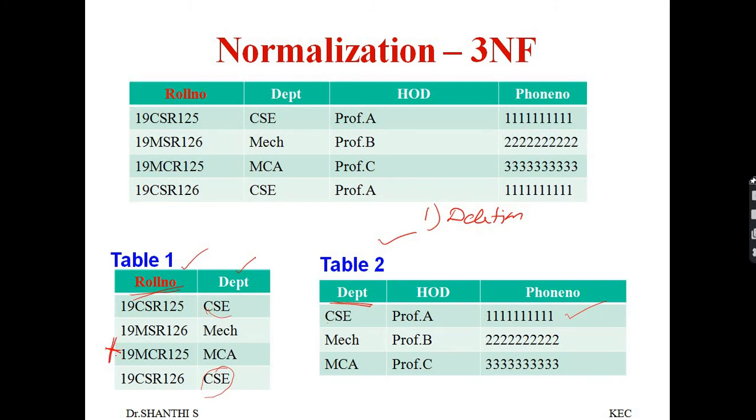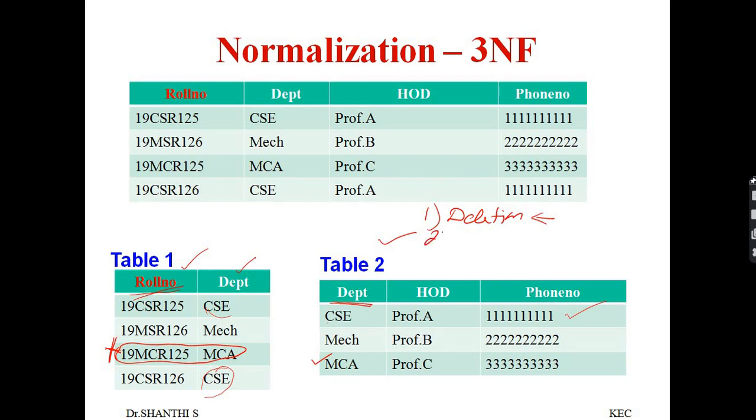In this table there is only one record belonging to MCA department. Suppose you delete this record, only this record will be deleted. So the information about MCA department is retained in table 2. Nothing will be lost. You are just deleting the roll number 19 MCR 125, that's all. So here the deletion anomaly is removed.